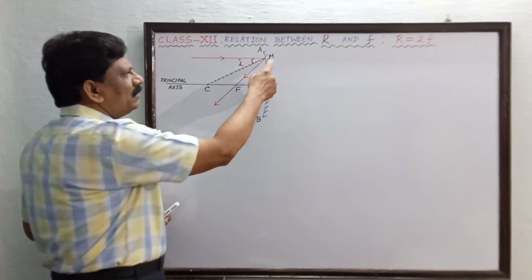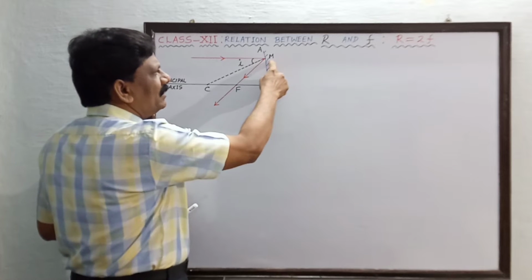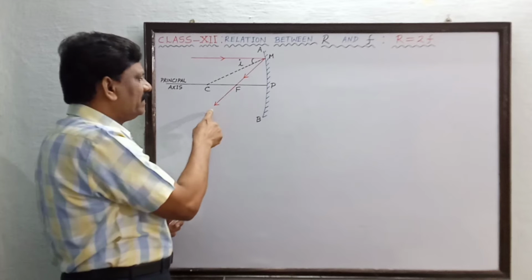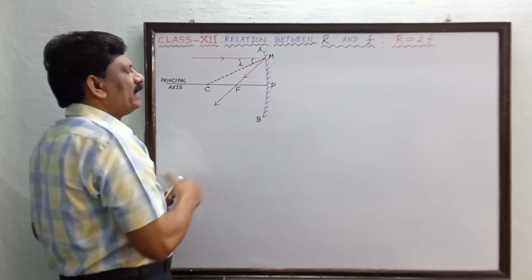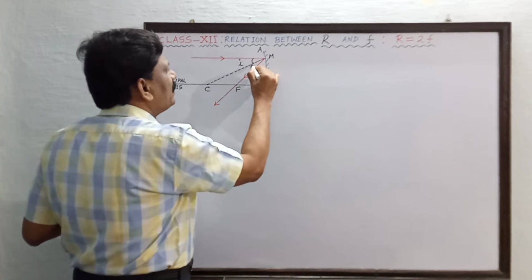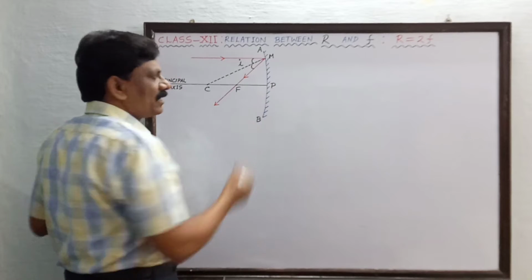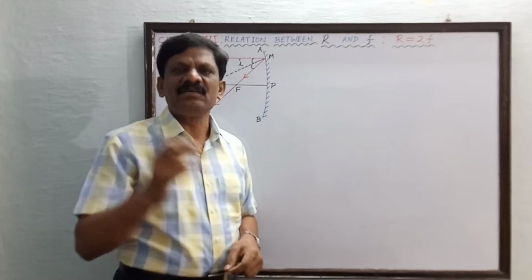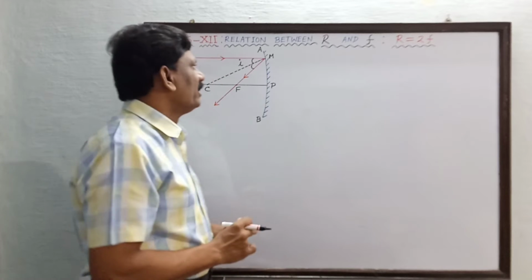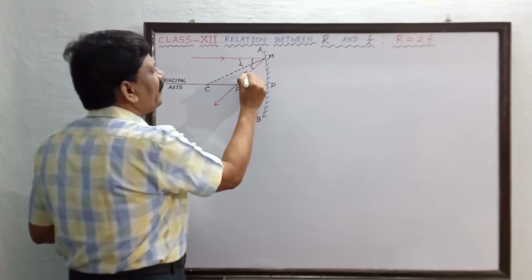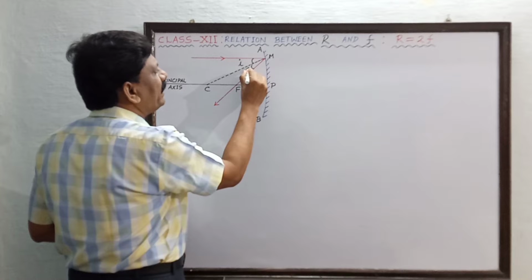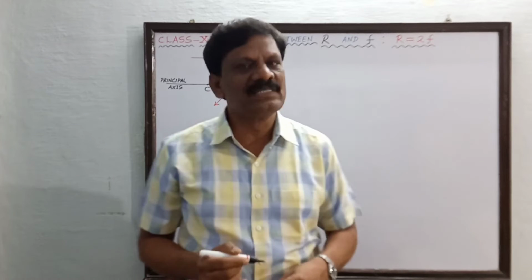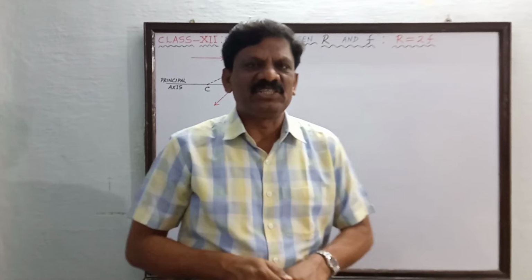So the reflected ray from M travels through the point F in this direction, so that this angle is called the angle of reflection. By the laws of reflection, angle of reflection and angle of incidence must be same, so I can take this angle is also angle of incidence only. Is it not? By the law of reflection.